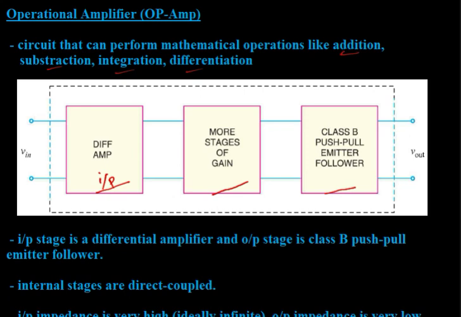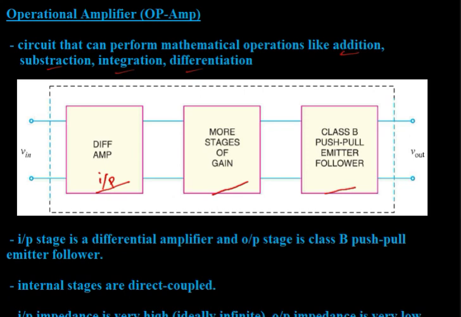This differential amplifier is followed by a series of multi-stages of common emitter transistor amplifier, which provides very high gain of the difference in the voltages applied to the input of this op-amp, and which is the second stage. The final stage, the output stage, is a class B push-pull emitter follower.